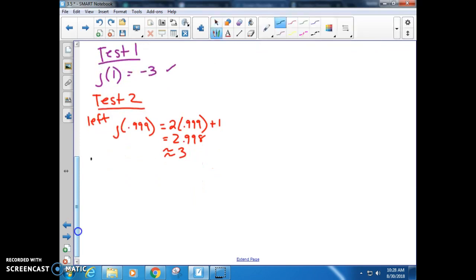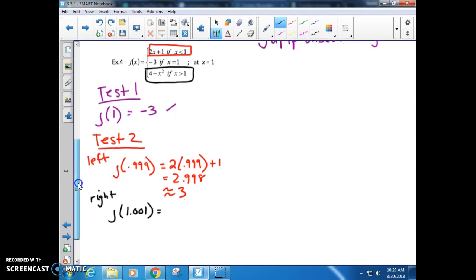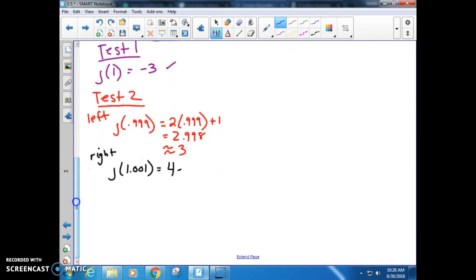Then we've got to do it from the right side. So j of 1.001. That's a little bit bigger than 1, so I actually need to use this function. It's greater than 1. So 4 minus 1.001 squared. That gives me 2.997, so it's approaching 3. So these match up, I both got 3.